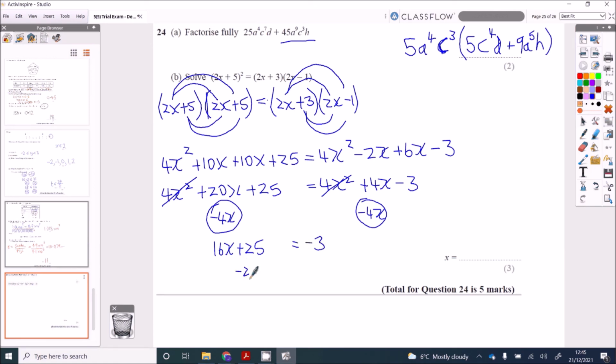Let's take away 25 from both sides. So we get 16x equaling minus 28. Divide by 16, we get minus 28 over 16, which we can halve, minus 14 over 8, we can halve again, minus 7 over 4. So I think that is the final answer.